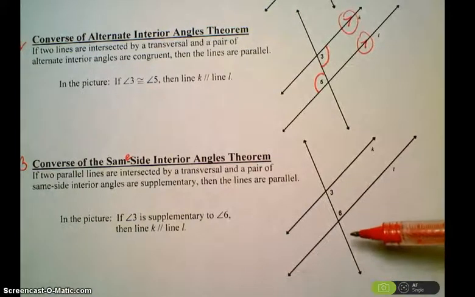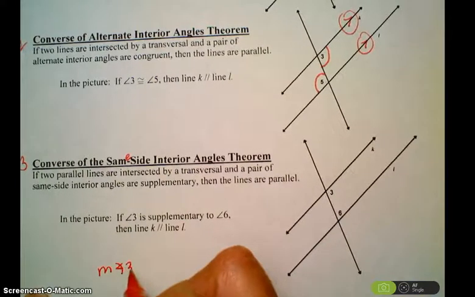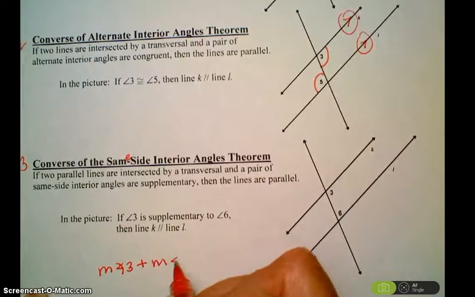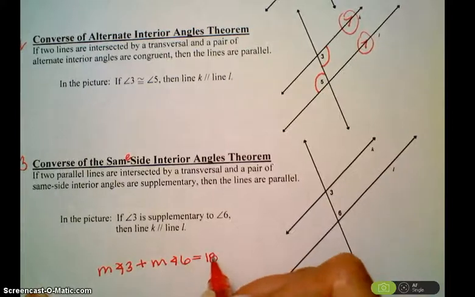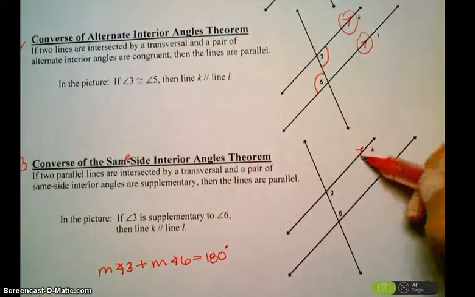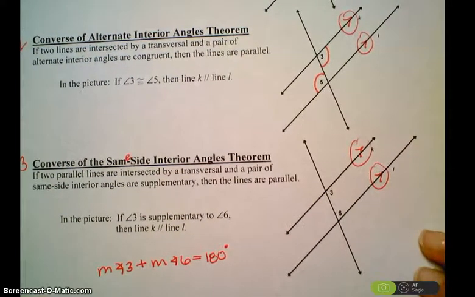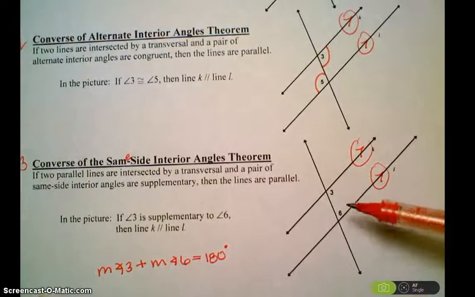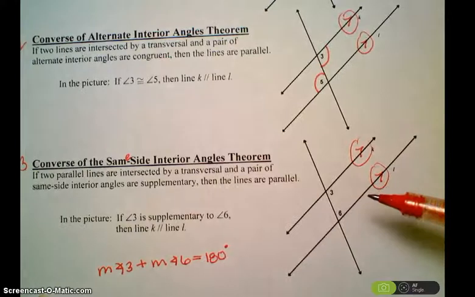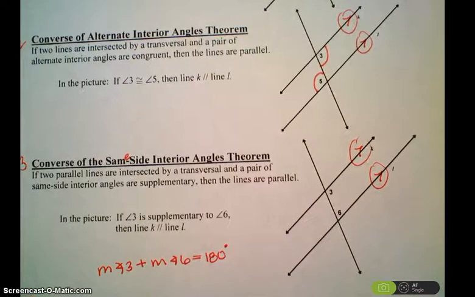And notice this one says if the 2 angles are supplementary to each other, if I find out that the measure of angle 3 plus the measure of angle 6 equals 180 degrees, then I will also be guaranteed that the 2 lines are parallel to each other. Again, we have no symbol to mark supplementary, so we're just going to stop with that. Okay, on to page 2.